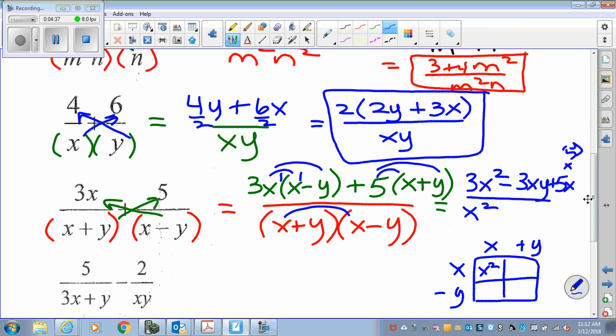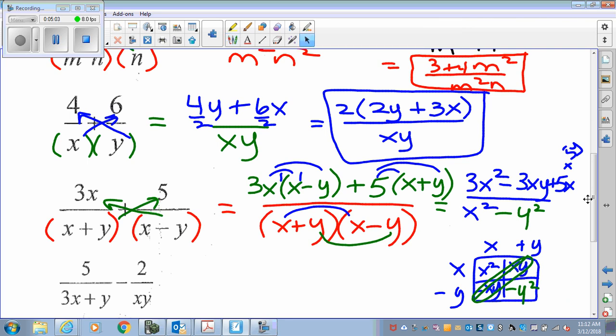And then when I multiply these, I get a positive xy, and then going down, I get a negative xy. Those add up to 0, so they go away. And then what's left is negative y times y is y squared, so minus y squared. And that's all you can do with that one.